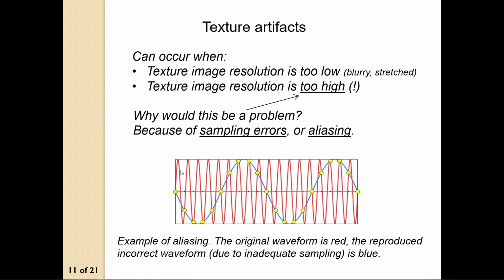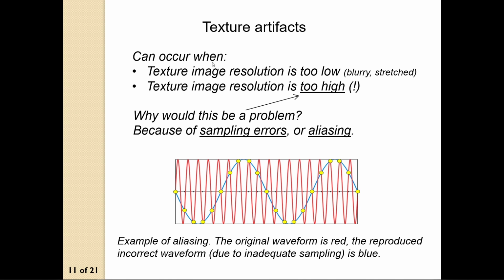I would think it was just a solid 1 up here, because it was always 1 when I sampled it. I would lose all the information down in here, the fact that it is actually oscillating back and forth.